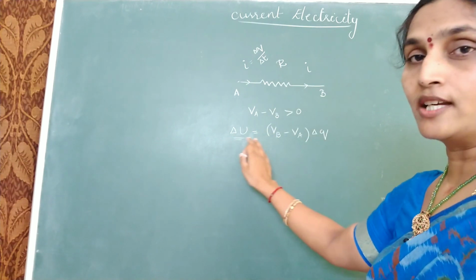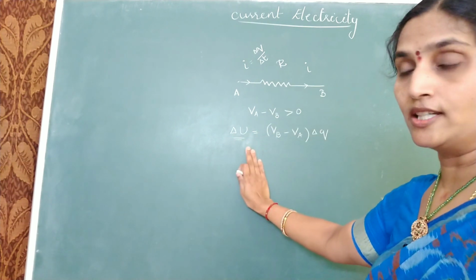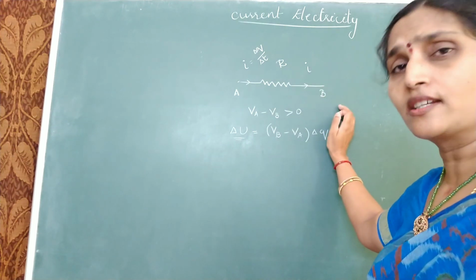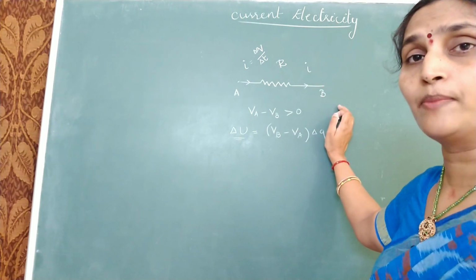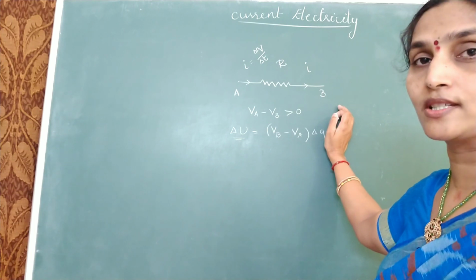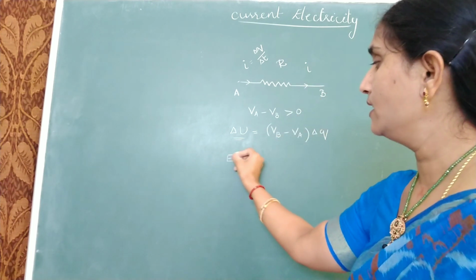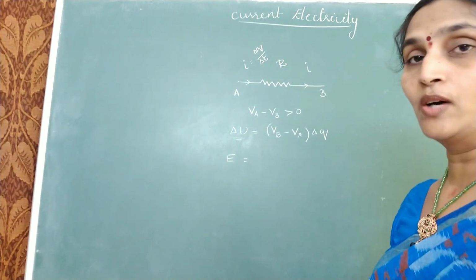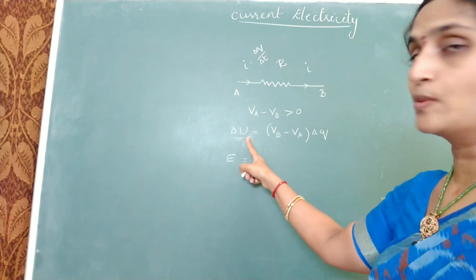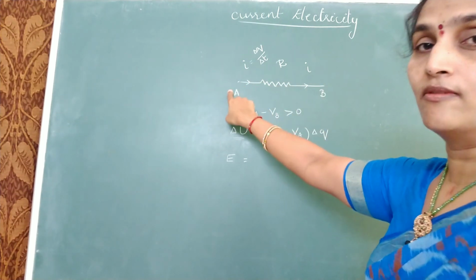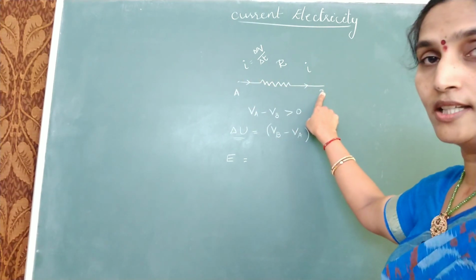So whatever decrease you are observing in the potential energy, it is given out in various forms, depending on the device you are using. This itself we call electrical energy. The amount of energy dissipated when a charge is transported from one point of the circuit to another point.